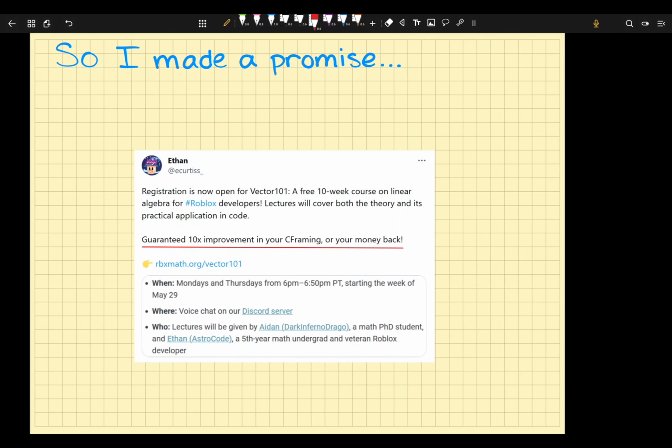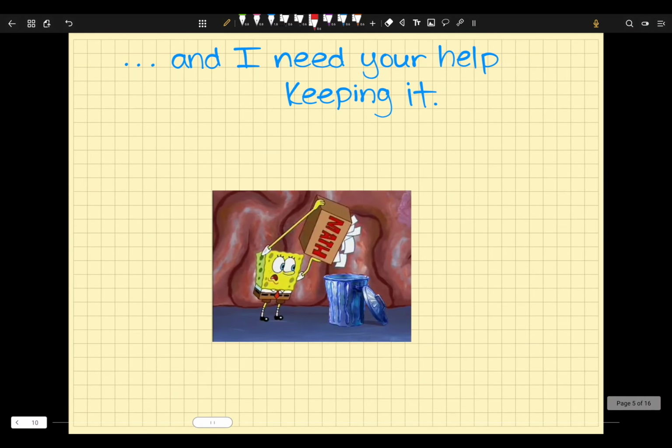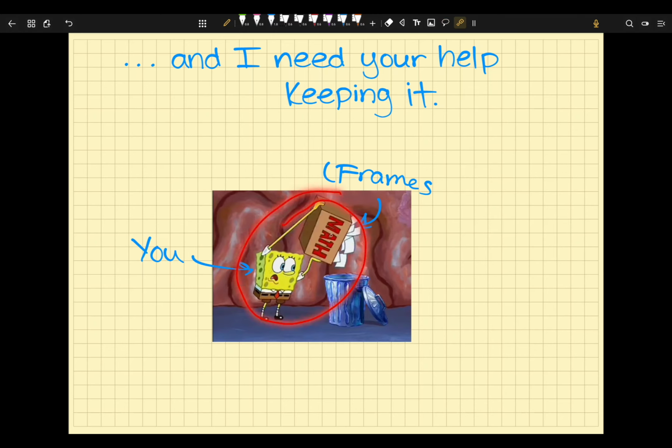But to deliver on this promise, I need your help, which is I need you to forget everything you know about C-frames. In this way, if you forget everything, and then I teach you the slightest thing about C-frames, you will have 10x your C-frame knowledge, or 100x or infinity x your C-frame knowledge. So I need you. I also think it's funny that in this image, he's throwing out a box of math papers.